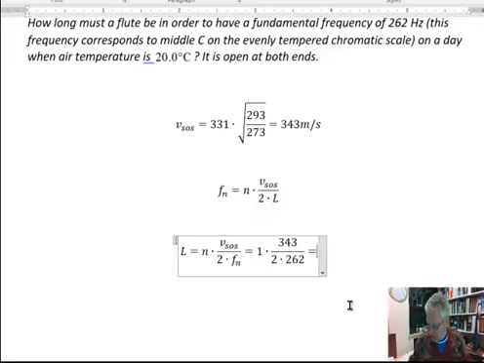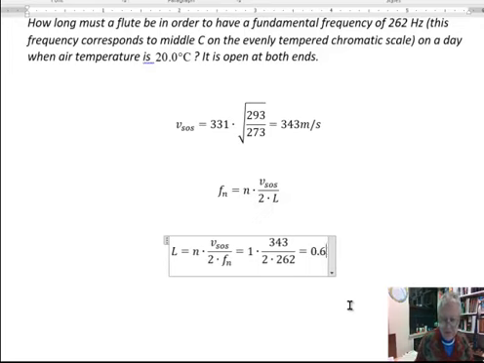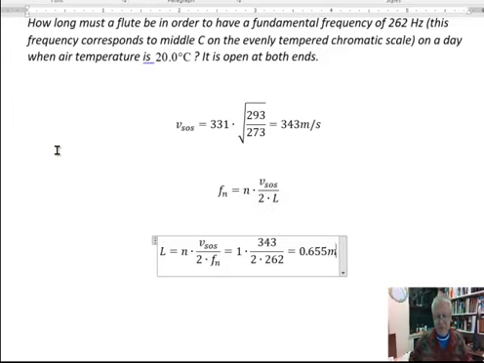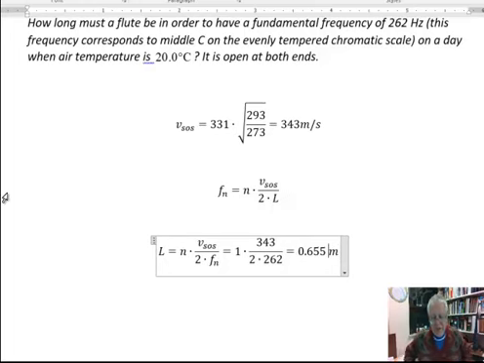So I'm going to come up with 0.655, 3 sig fig. The units are meters per second divided by Hertz, which is per second. So the per second divides out, and the meters remain. So I'm going to have 0.655 meters, which is 65.5 centimeters, which is a little bit over 2 feet.